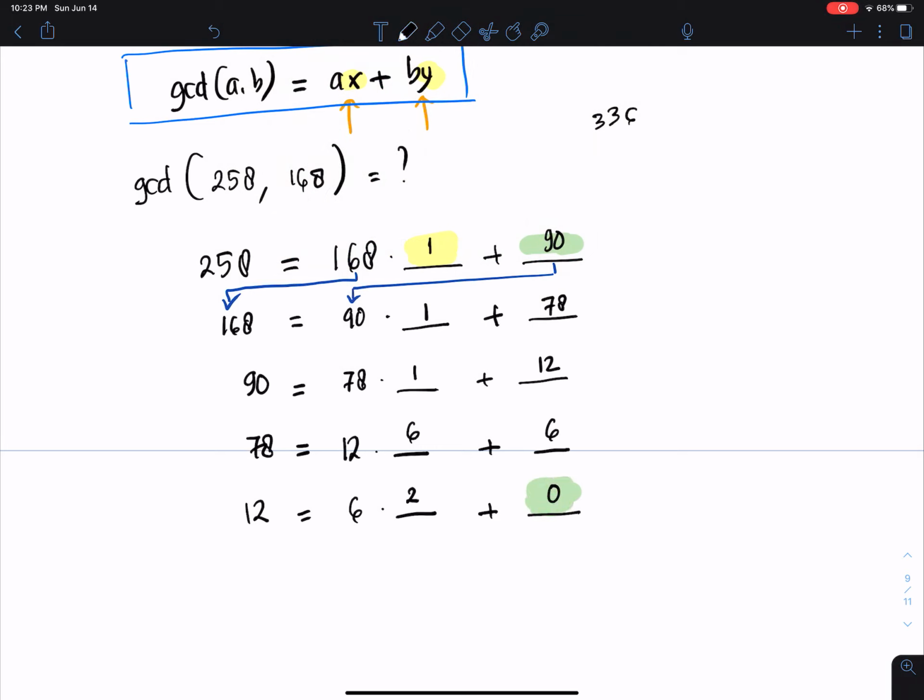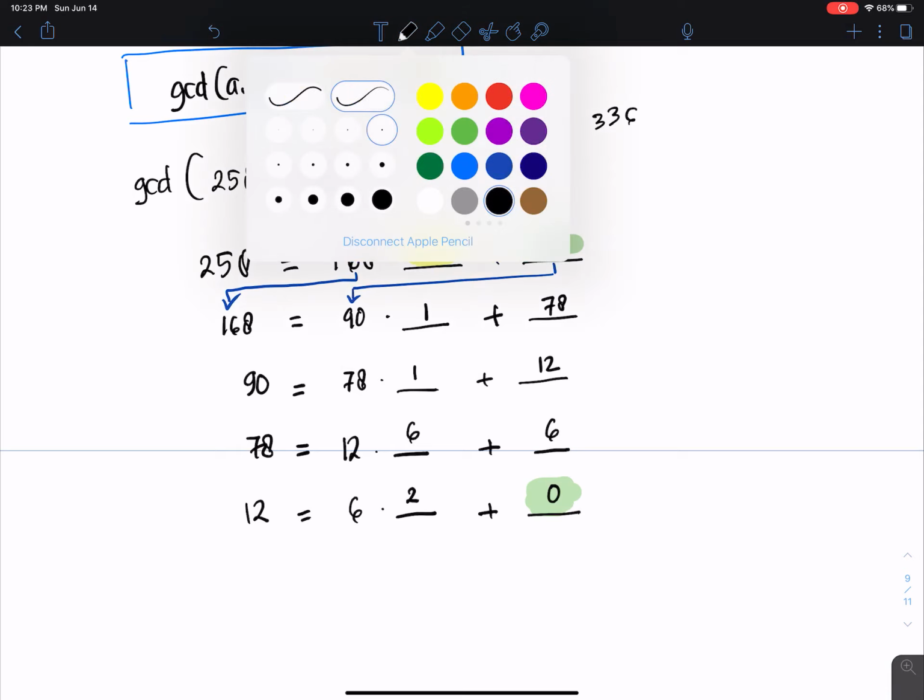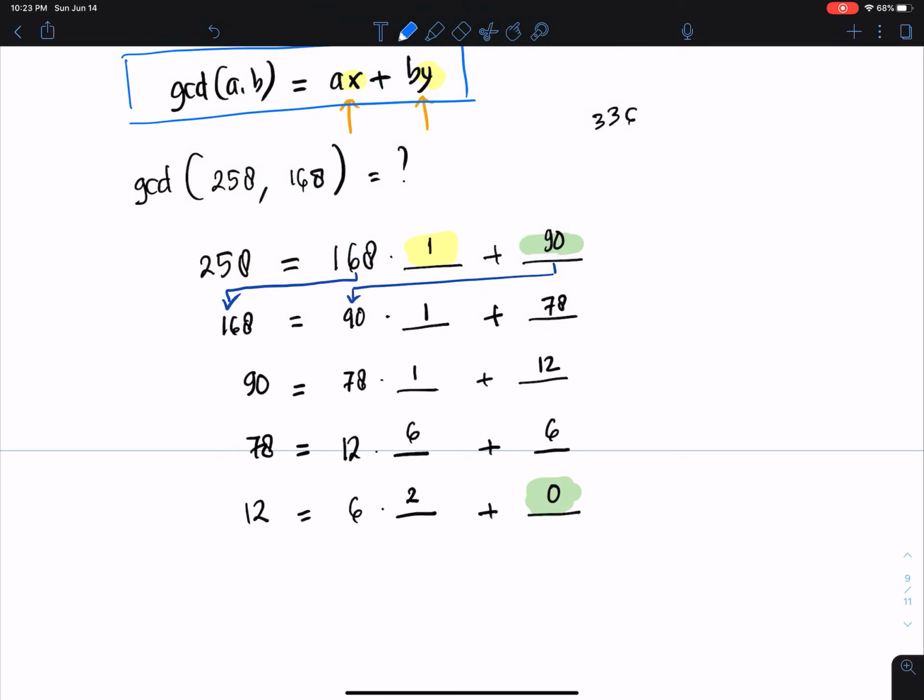So what will be the GCD is this one, the number before the 0, which is here. So this number will be the GCD of 158 and 168. Okay, so the GCD here will be 6.